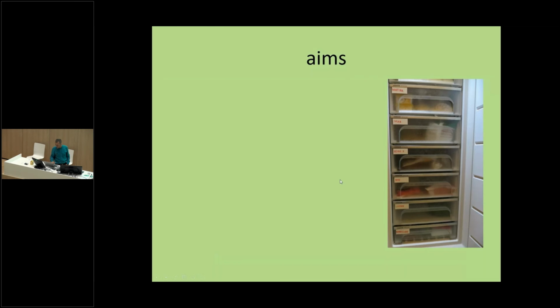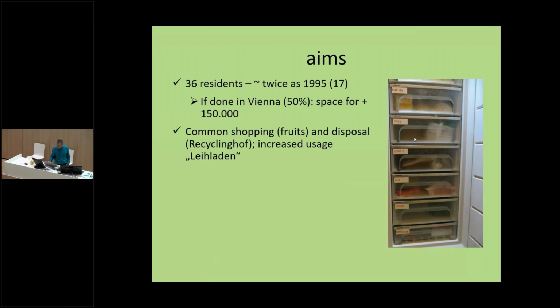So you can rent for 2 euros a month 60 liters of space in the cellar if you have not enough in your rooms. We do some common shoppings, fruits and disposal, because we have a few dustbins and they are overcrowded, so we have to do it carefully.